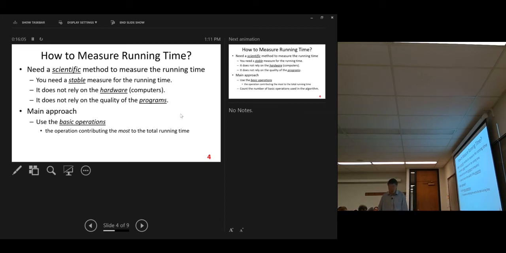For example, in our polynomial problem, multiplication contributes the most, much more than addition. So we treat multiplication as the basic operation, not addition. In our algorithm efficiency context, we treat multiplication as the basic operation.